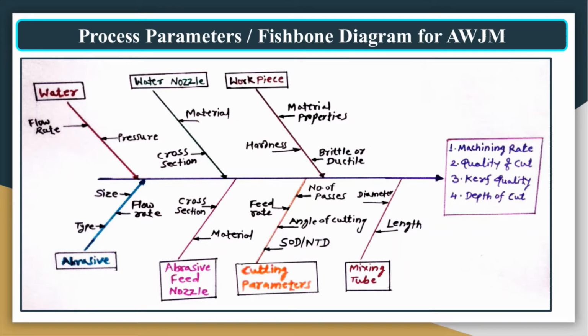Then there are cutting parameters like feed rate, number of passes, angle of cutting, and standoff distance or nozzle tip distance. These are the cutting parameters which affect the performance of the abrasive water jet cutting process, or abrasive water jet machining process. And in the mixing tube parameters, the mixing tube diameter and the length of the mixing tube are both important parameters.